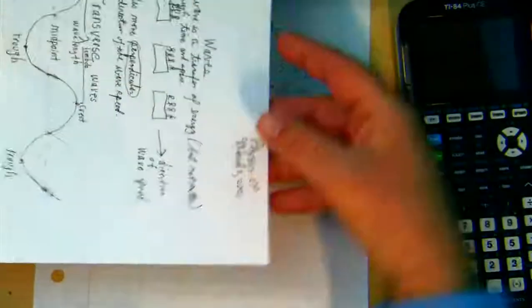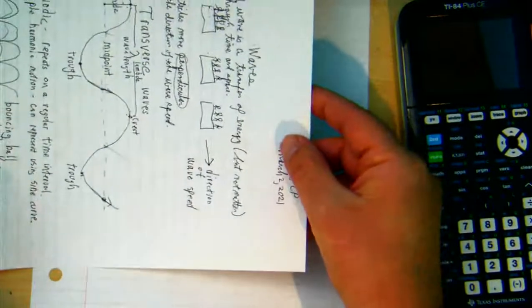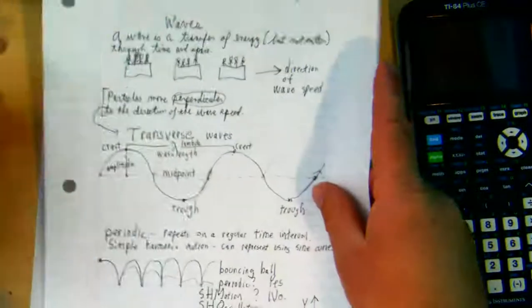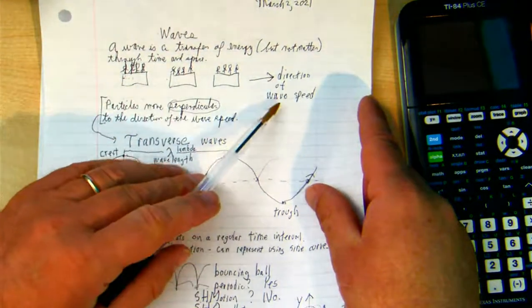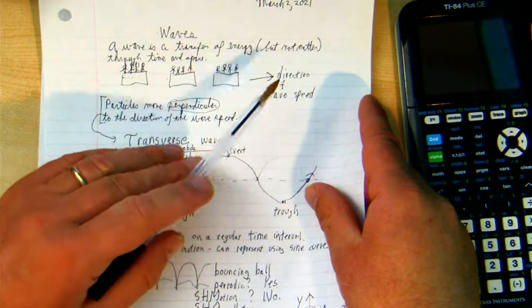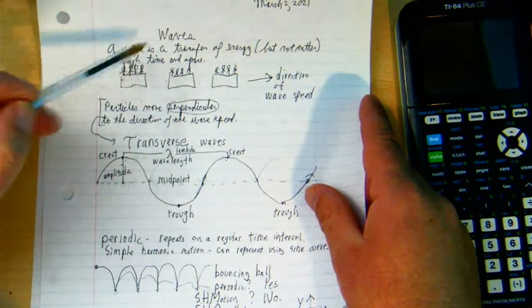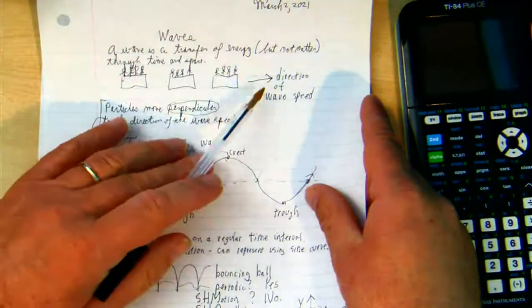It can be going to the left. It could be going up or down. What's consistent is to say that the particles move perpendicular to the direction of the wave speed. Okay, not vertical, but perpendicular to whatever direction that's going.